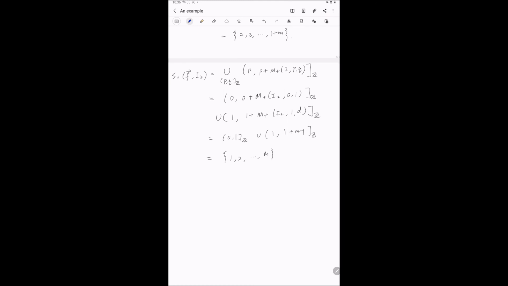In the fifth step, we compute delta of f, I1 and delta of f, I2. Remember, this is defined as follows.